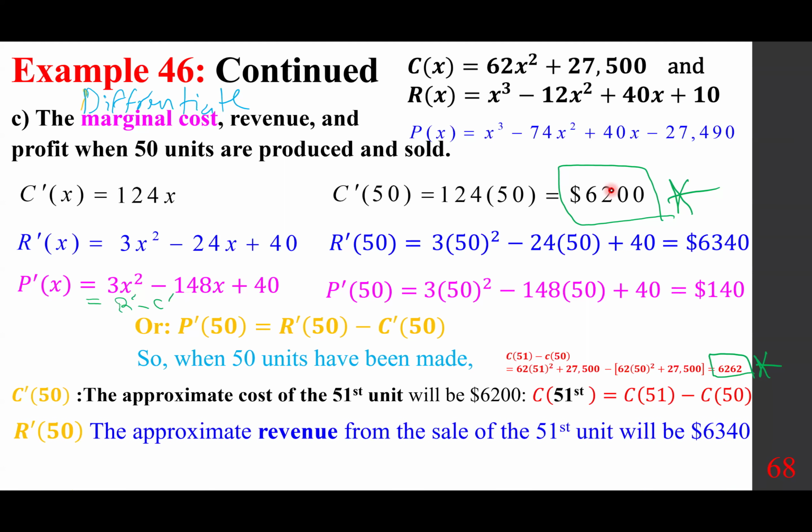So R prime of 50, this number, is the approximate revenue from the sale of the 51st unit will be $6,340. That's the meaning of R prime of 50.